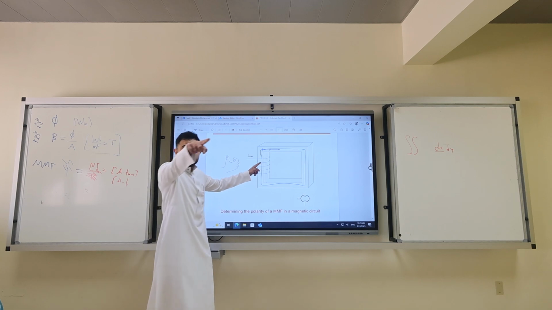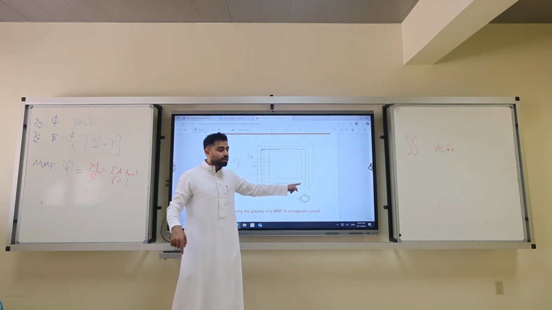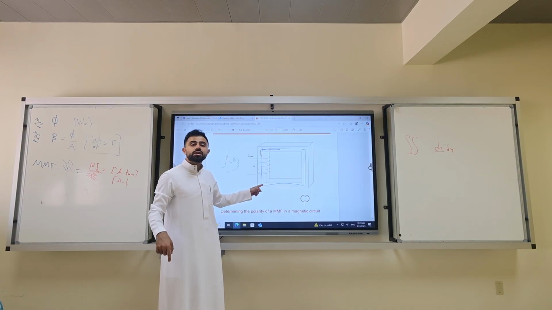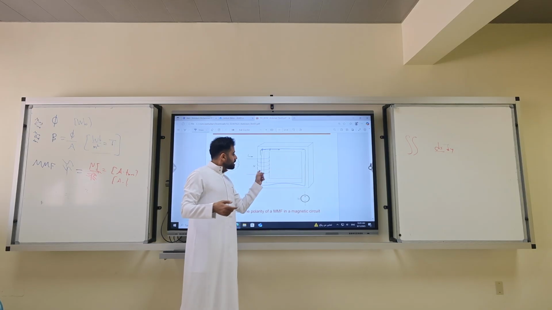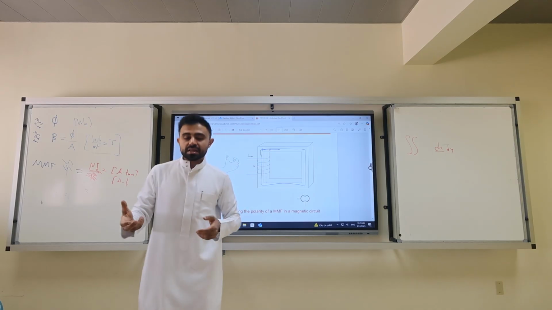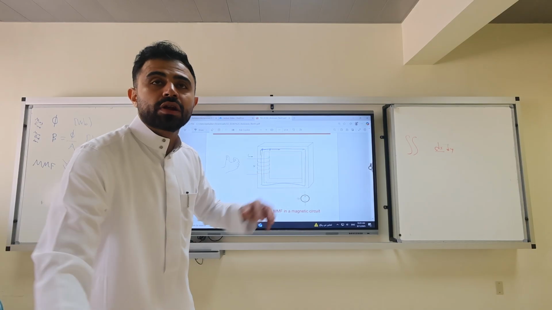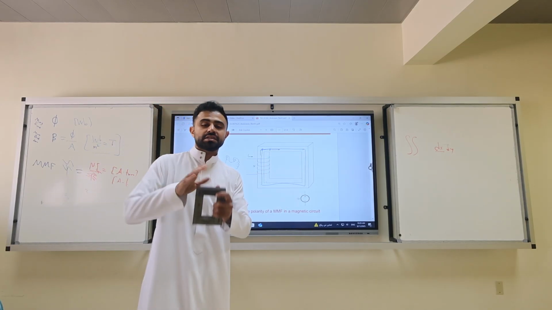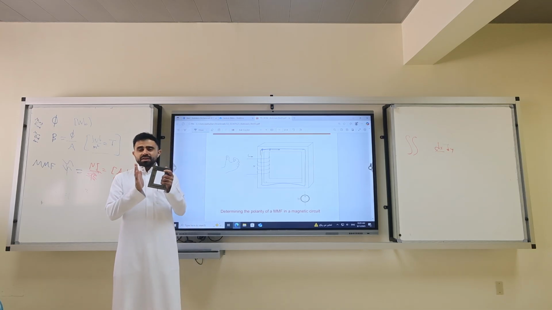So the flux would go and close its path here. Because it closes its path, you have to measure the length of the whole core, not the length of the coil. Yeah, the intensity here might be more, but again, the steel is like copper. Steel for magnetic flux is like copper for electricity. Can electricity escape into the air? No. But for this steel, some of it would leak.